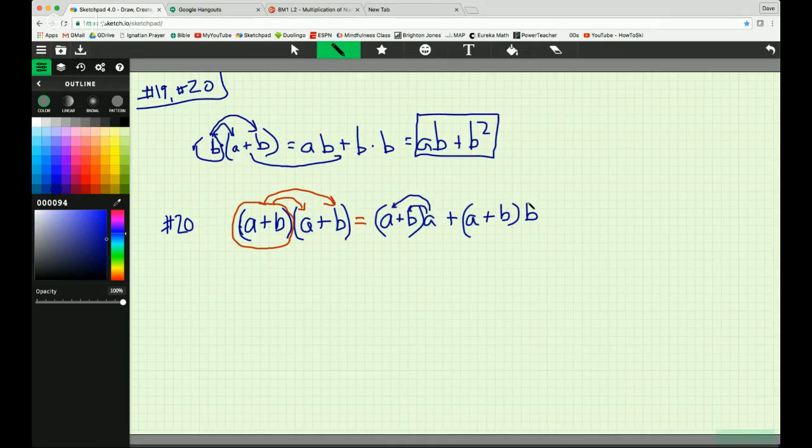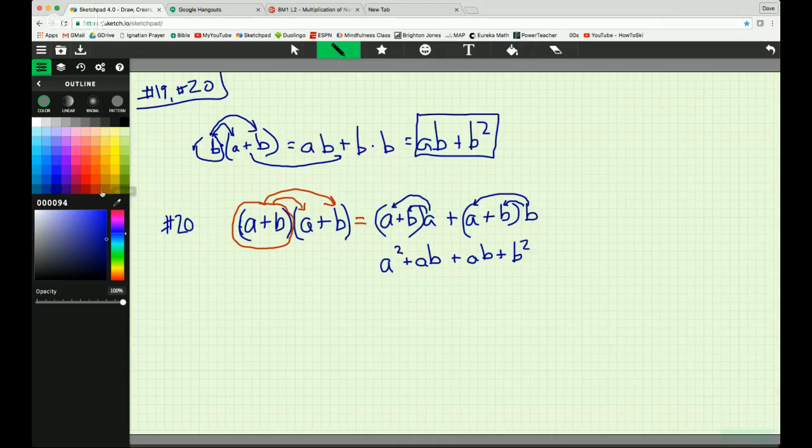And then here we have a b that's multiplied by those things in parentheses. And so here we have a times a. Well, let's just do the shorthand right now. a squared, because a times a is a squared, plus a times b, or b times a, same thing, plus b times a is another, well, that's a times b. And then b times b is b squared, or b to the second power.